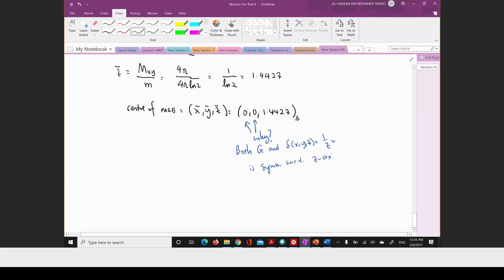Not just one, but both of them. G is symmetric with respect to the z-axis. The density function also only involves z squared, right? So it is symmetric with respect to the z-axis.